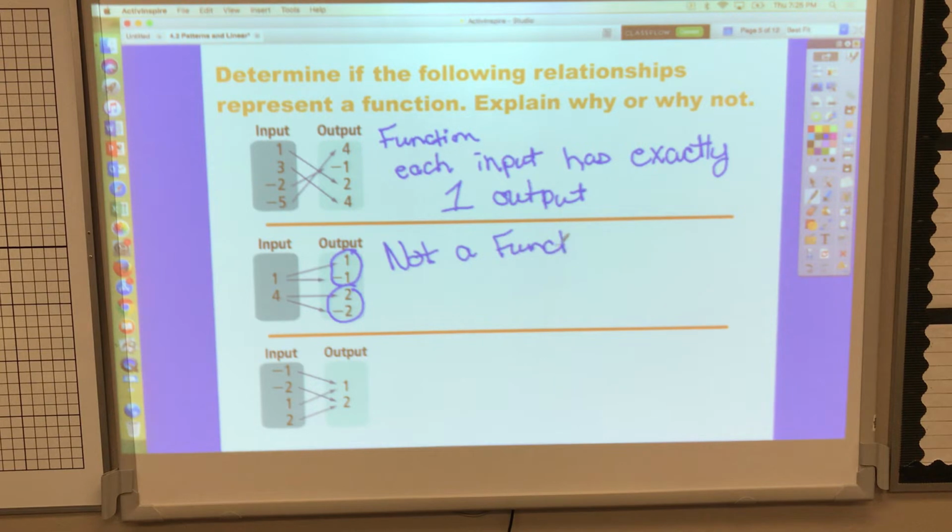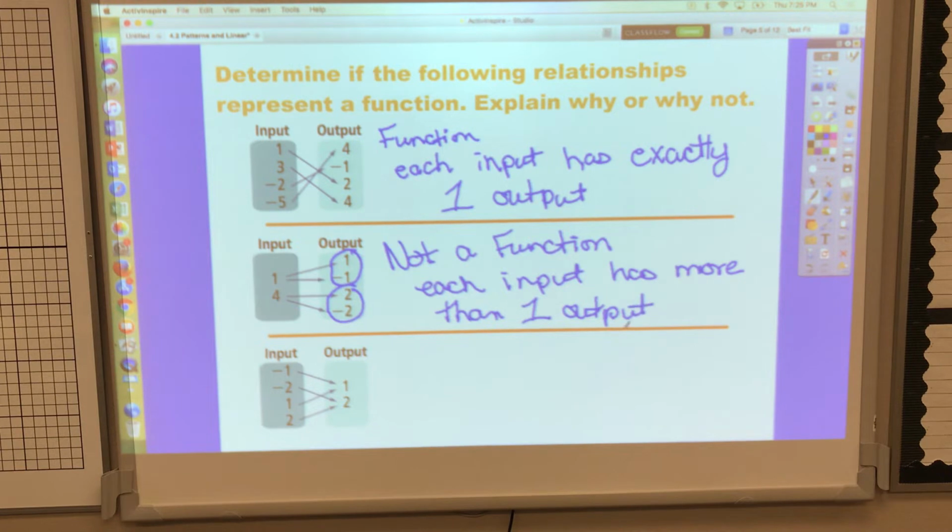And if we think about the reason why not, each input has more than one output. And that's not allowed for it to be a function.